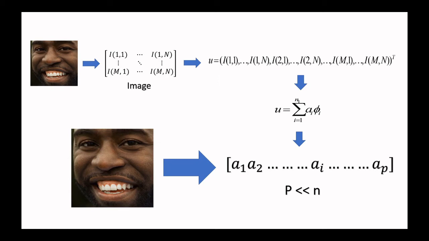Thus, store only the a_i in the database rather than the image itself. Face recognition can be done by comparing coefficients of the input face vector with the coefficients stored in the database.